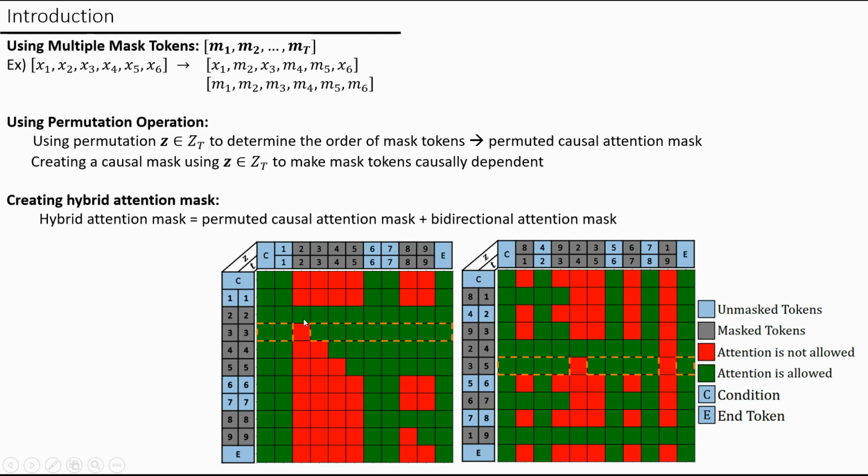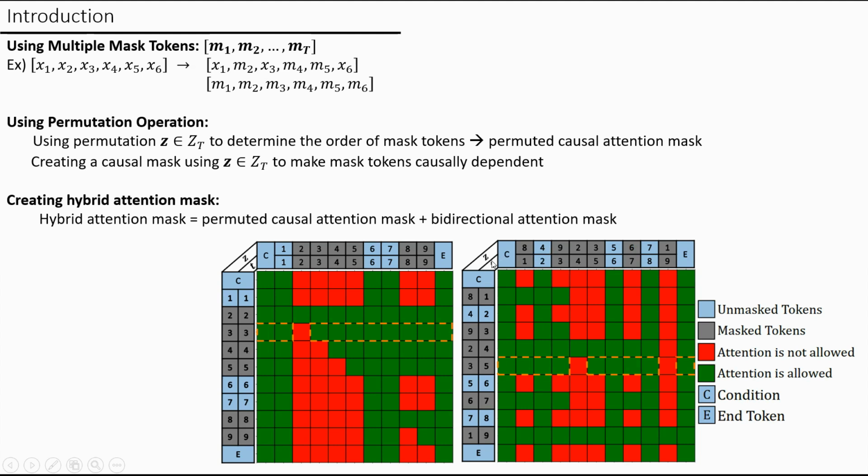For example, here we can see that the third mask token can only attend to itself, the mask tokens greater than itself, and the unmasked tokens. And here we can see that the ninth mask token can only attend to itself and unmasked tokens, and the ninth mask token cannot attend to mask tokens smaller than itself.